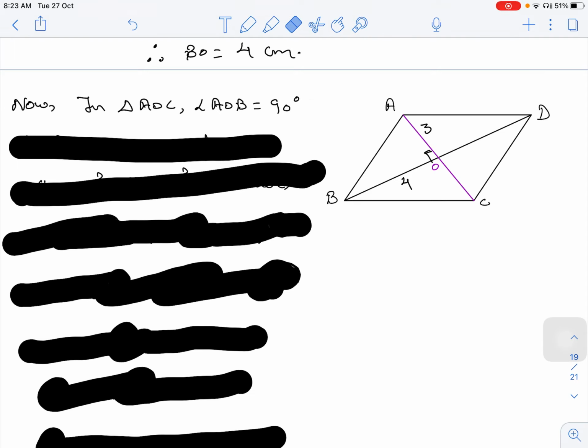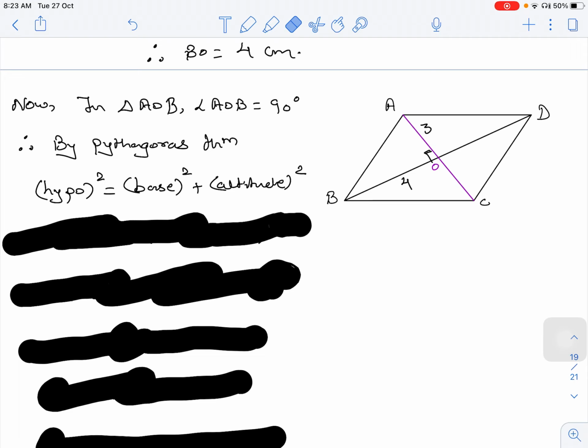So here in triangle AOB, we have considered AO, this is B here, okay, not C. So angle AOB is how much? 90 degree. Therefore, we can make use of the Pythagoras theorem.